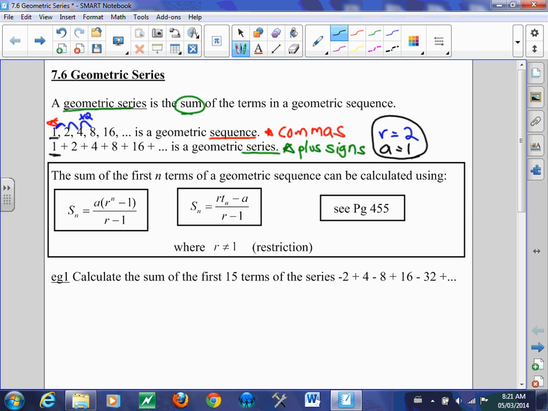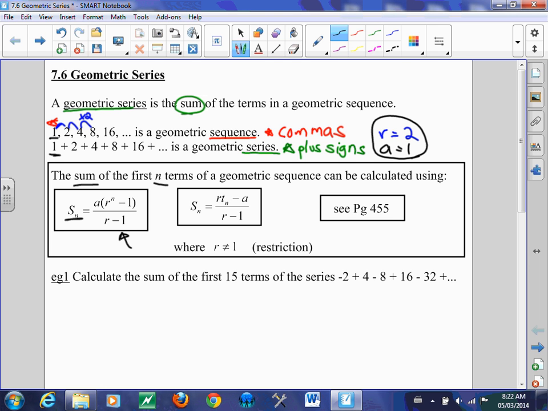Here is the general term for the geometric sequence. And remember, guys, S sub n tells us it's the sum of the terms. So the sum of the first n terms in a geometric sequence can be calculated using either formula. The first formula is where you've got the n value, so you can sub that in.